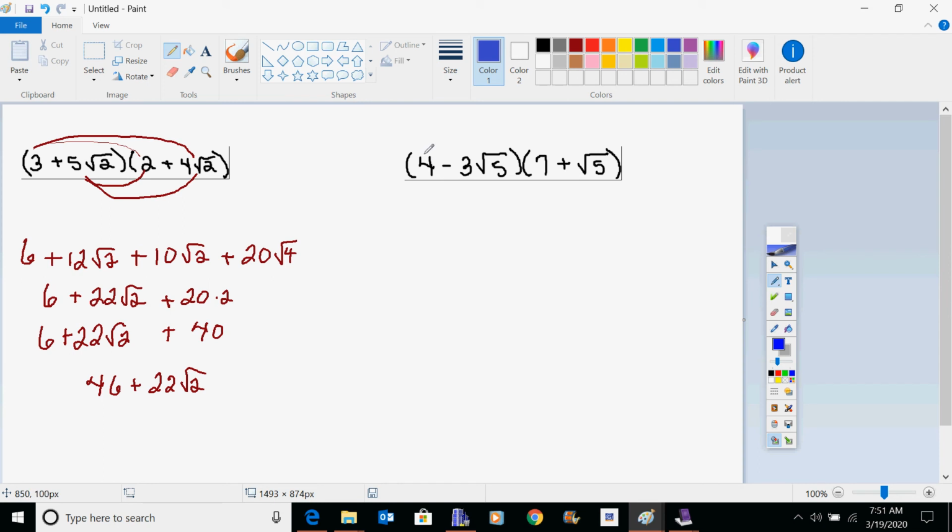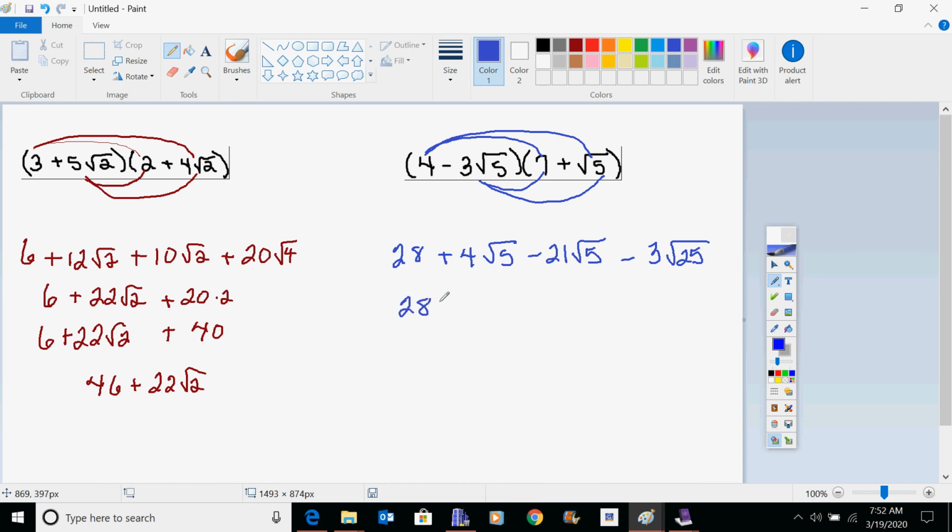So here's another one step at a time. 4 times 7, 28. 4 times the square root of 5 plus 4 square root of 5. Minus 21 square root of 5. Minus 3 square root of 25. So I have 28.